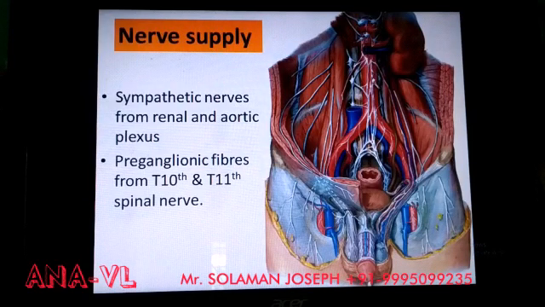Then the nerve supply: the sympathetic nerve from the renal and aortic plexus, and the preganglionic fibers arise from the T10 and T11 spinal nerves. So that's all about the nerve supply, lymphatic drainage, blood supply, coverings, microscopic and macroscopic anatomy, and the epididymis.